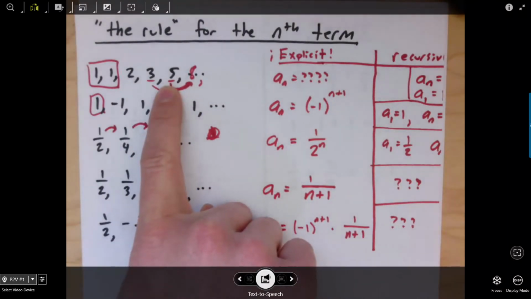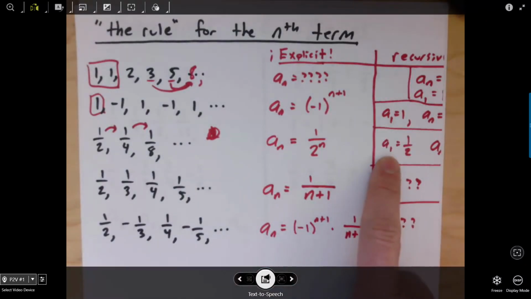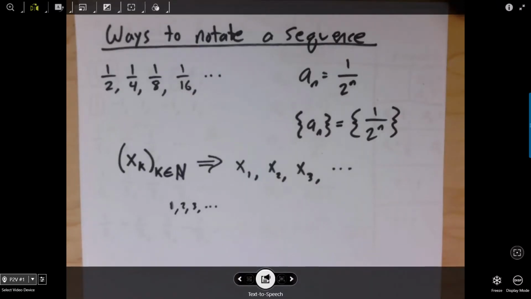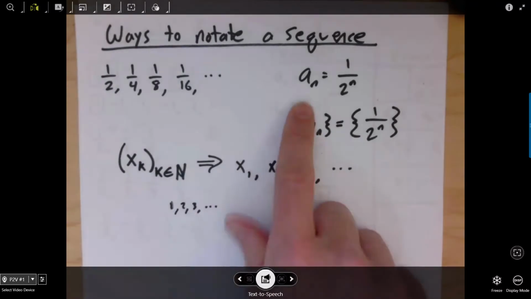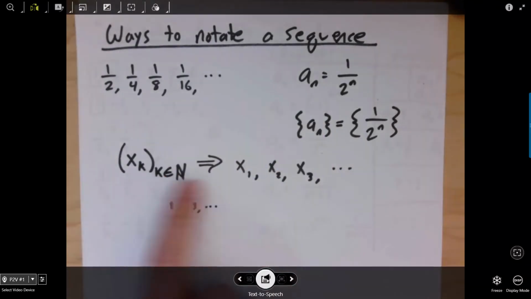But if you're going to do that, you've got to start from somewhere, so you also have to include some term at the beginning where you just say what the number is. And then we said that there's lots of ways to notate a sequence, particularly writing an equation for the nth term, using curly brackets, or using a fancy notation like this for a general sequence.